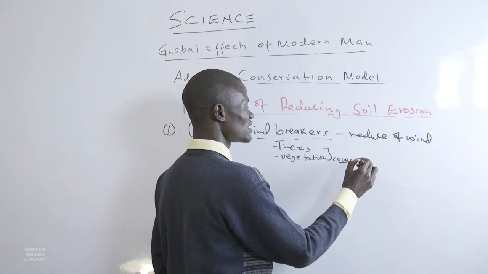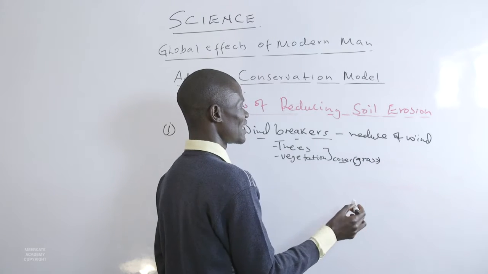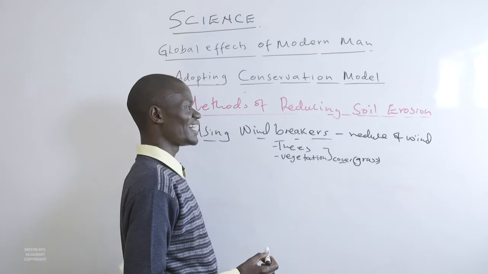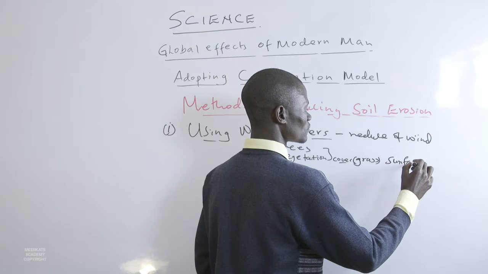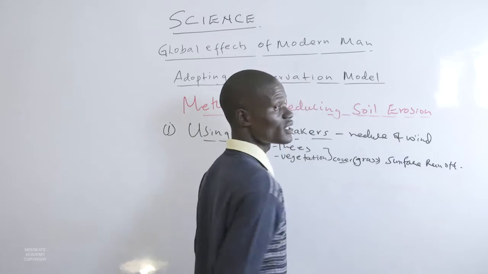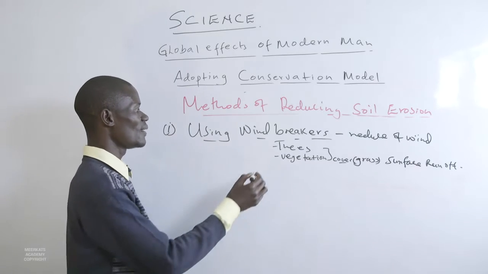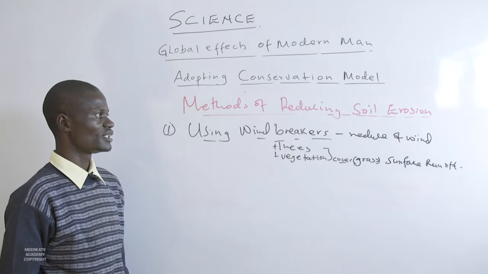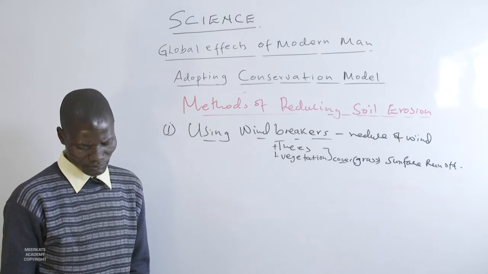When we plant vegetation cover such as grass, which is going to form pasture, we are also reducing the speed at which the surface runoff of the water takes place. And this makes us able to manage areas of soil erosion.